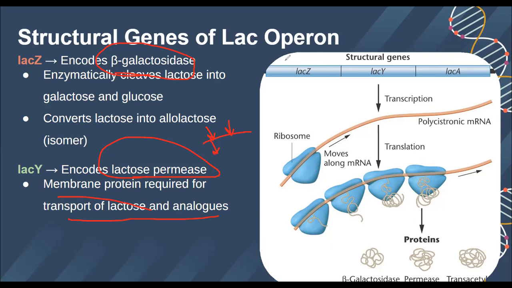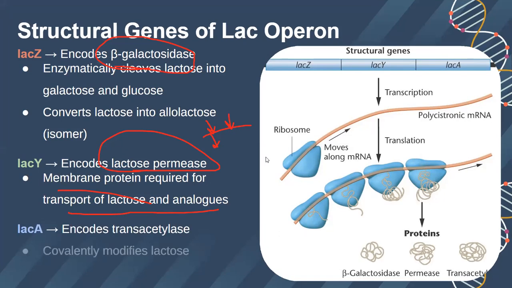That is the function of the LAC-Y gene. And finally, the LAC-A gene encodes for transacetylase. Once the lactose is inside, it will modify the lactose so that it doesn't move outside the cell. So it is trapped inside the cell.